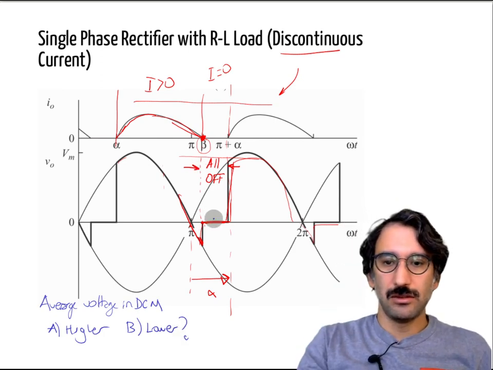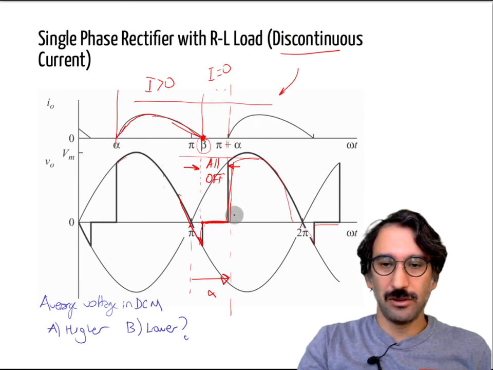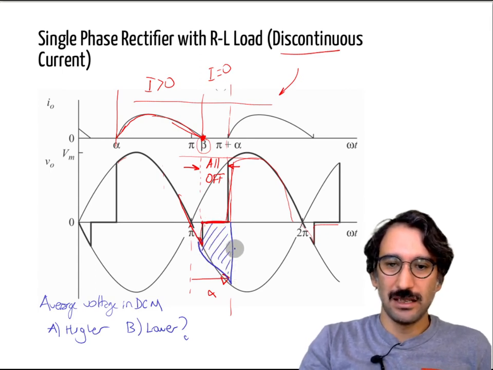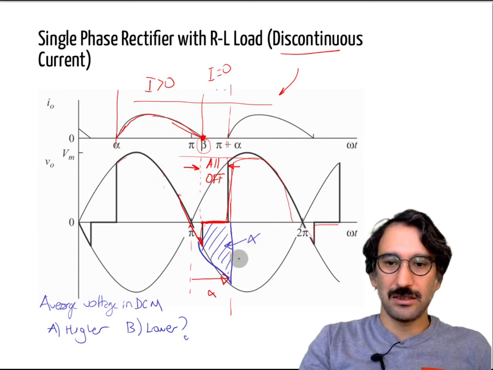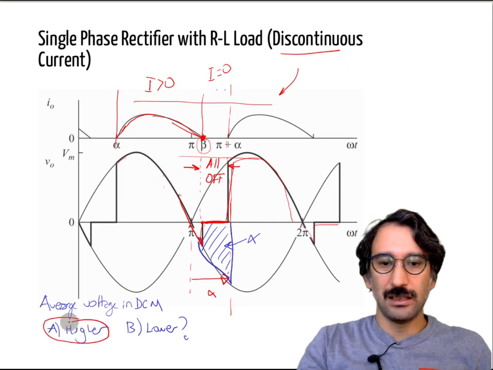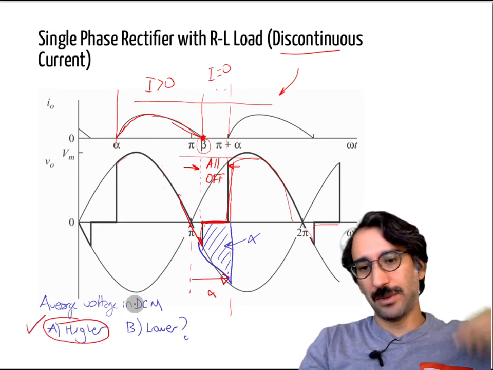So again, if it were in the continuous conduction mode, we would have that negative voltage up until the firing instant, but now we just get rid of that one. So in the discontinuous conduction mode, for the same firing angle, the output voltage will become higher.